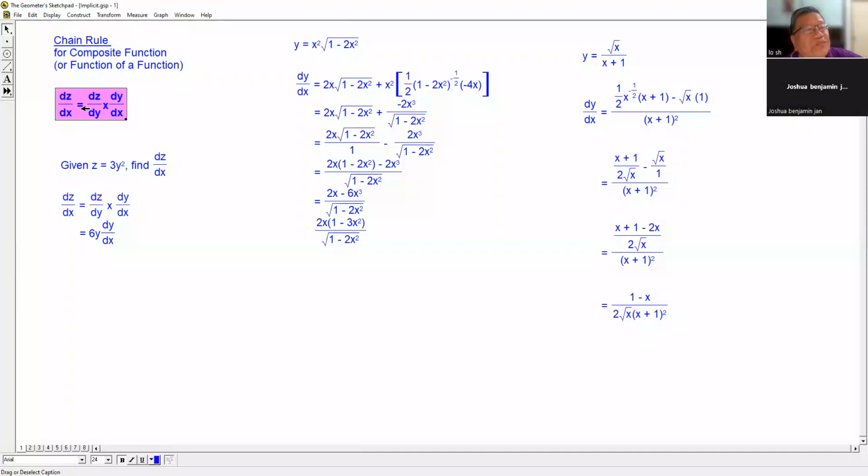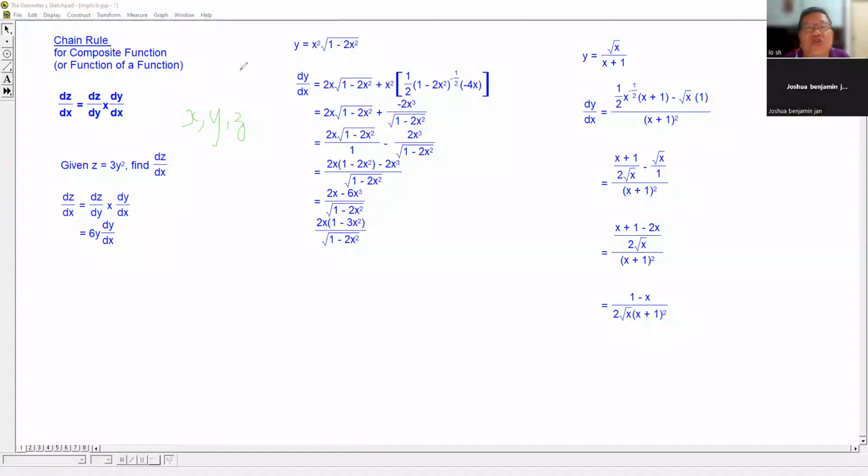So now we have three variables, x, y, and z. Now you see, we have three variables, and I say, please differentiate. It is meaningless to say differentiate because there are so many variables.